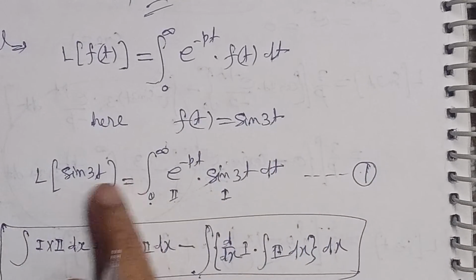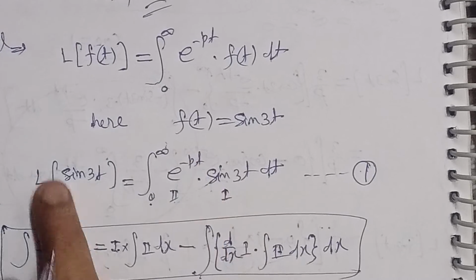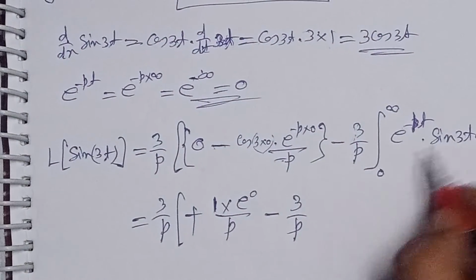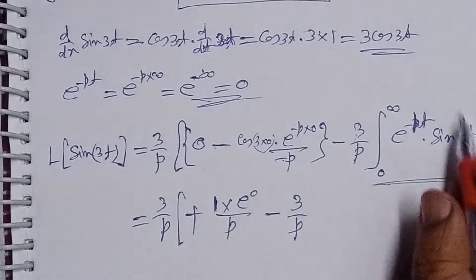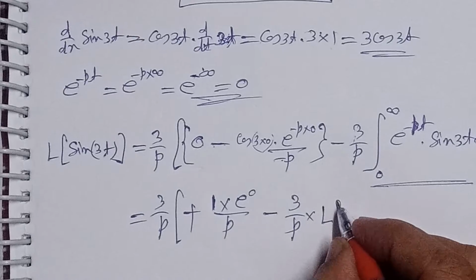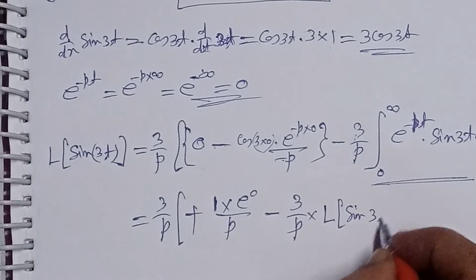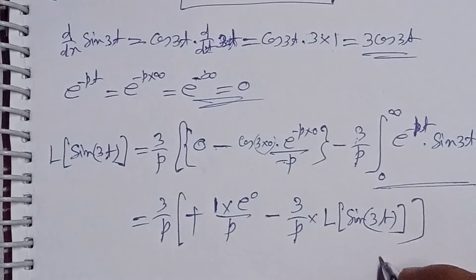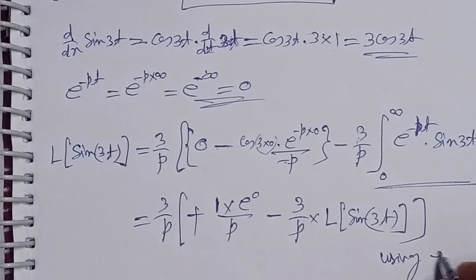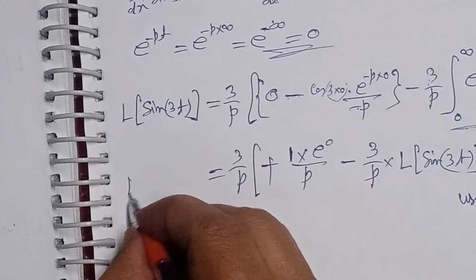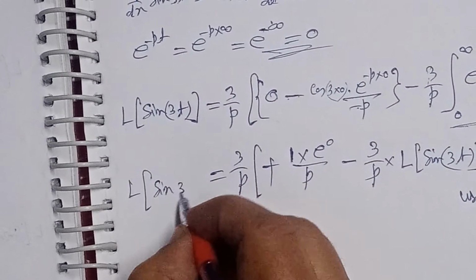Then we can write this value as follows. From equation number 1, this value can be written as Laplace of sin 3t. Using equation number 1, the left hand side is also Laplace of sin 3t.